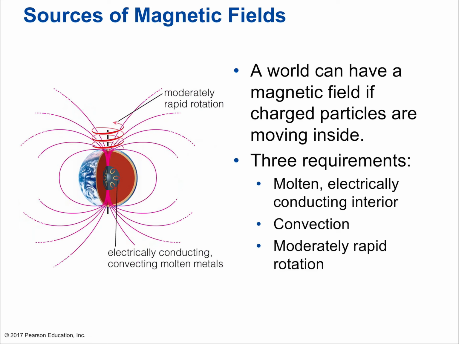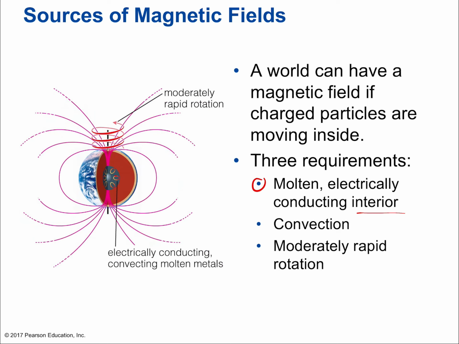There are 3 key requirements, and these are quite fascinating. You have to have a molten core that consists of electrically conducting material, okay? So an electrically conducting interior. And it's got to be molten, it's got to be liquid and moving around, all right? So you have to have this movement of rocks that have the ability to conduct electricity.